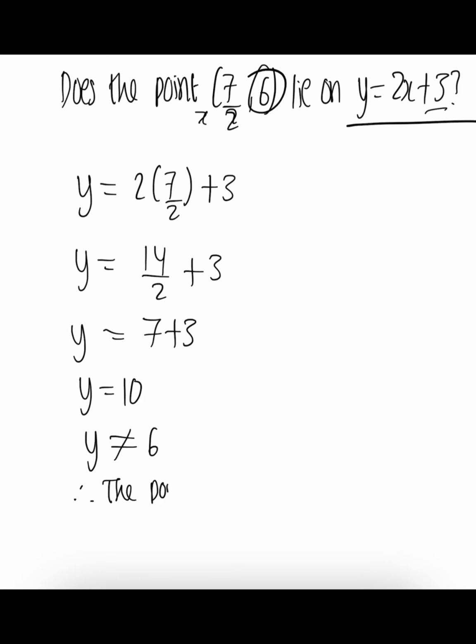Therefore, the point does not lie on the line. That's it really. All you need to do is some substitution and add whatever constant you have in the equation. If it's equal to this, you should get the value and it will lie on the line. If it doesn't, then you won't get the value, and then you can just determine that.